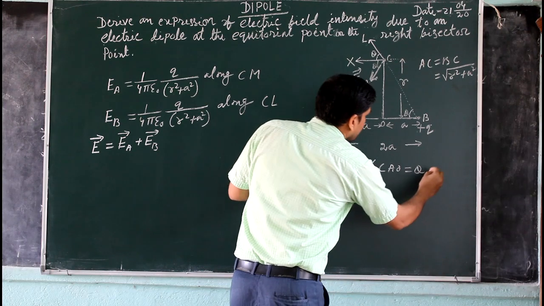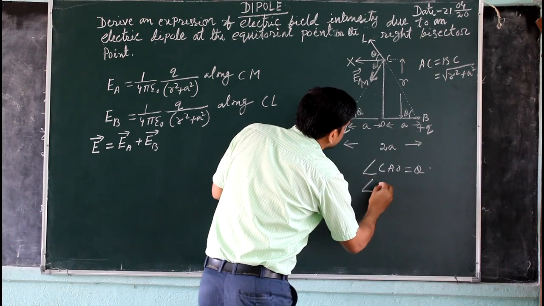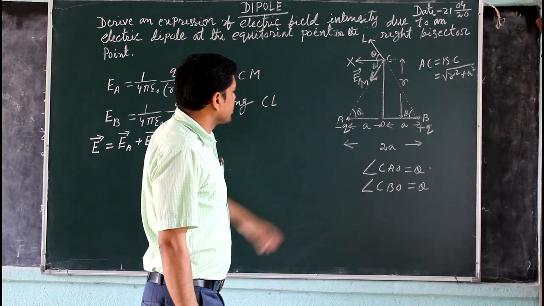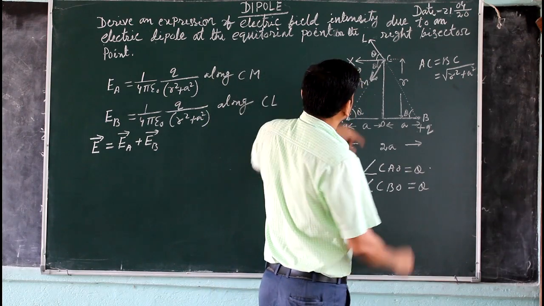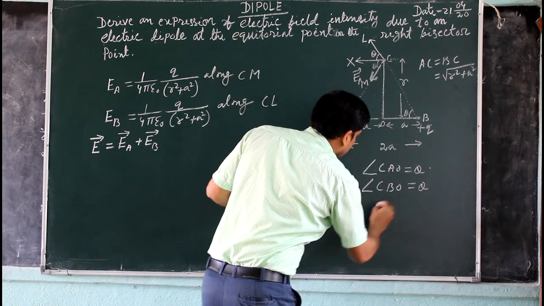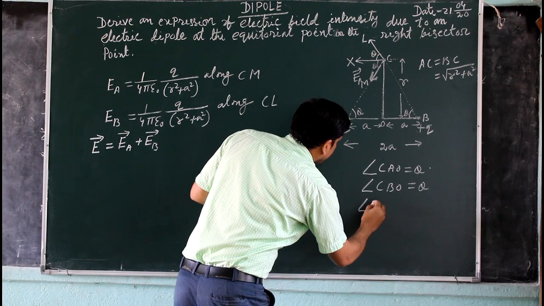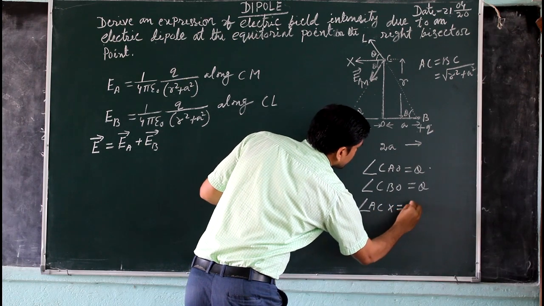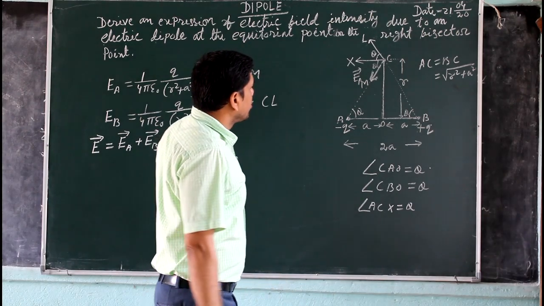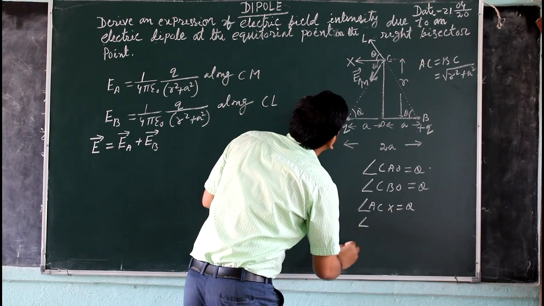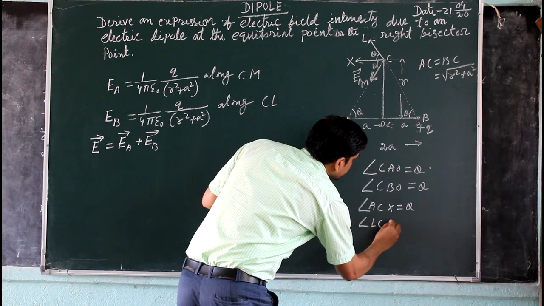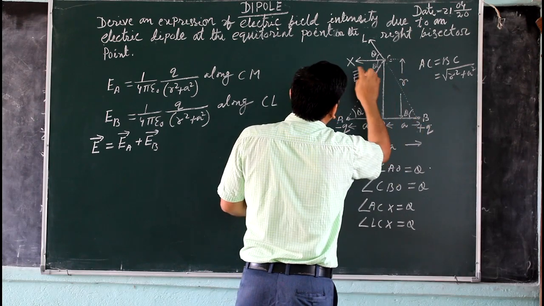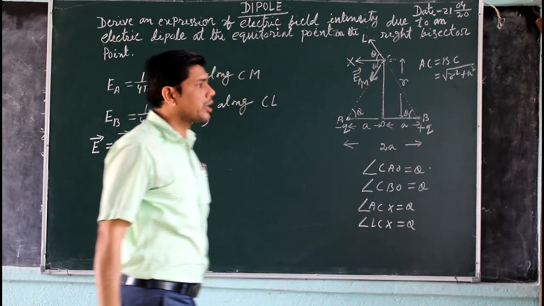Similarly, angle CBO will also be theta. Now as this angle is theta, angle ACX will also be theta, an alternate angle. Similarly, angle LCX will also be theta, because this is a corresponding angle: angle OBC and angle XCL are corresponding angles.